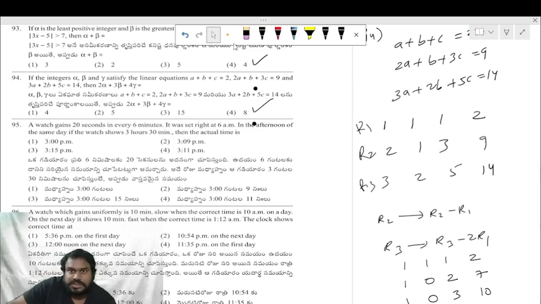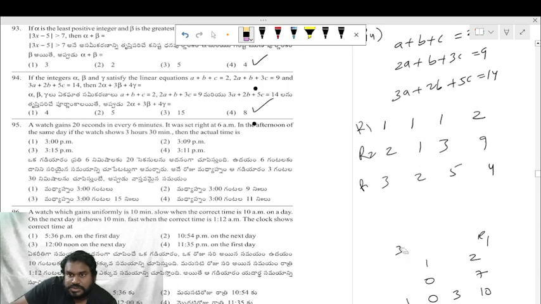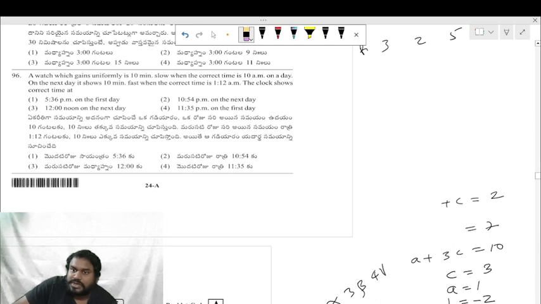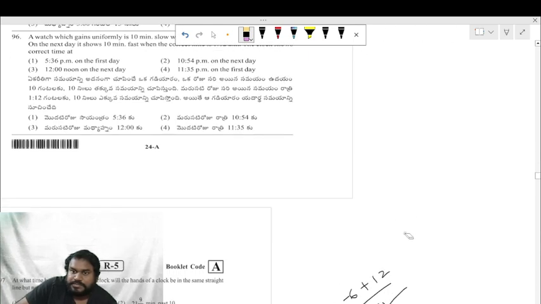Just the 3 variable equation you need to solve. That's it. Nothing else. For that, use this kind of operations. When there are 3 variables, you have to use the matrix method and convert them into 0. It will become easy to solve in matrix form.